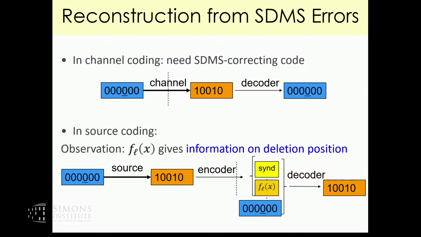But what does help is that we recall that we have this sample, this F of length L of X, and we go back to what we saw in the distance, that this F didn't just give us the number, which is the distance, it also gave us some estimate on the position of where the deletion happened. And now we will use exactly that to get a simpler correction of that deletion.